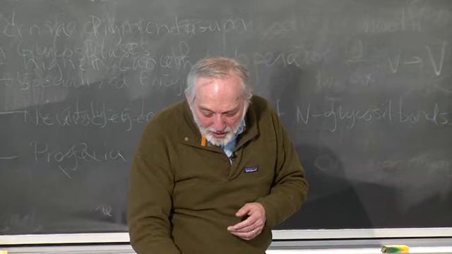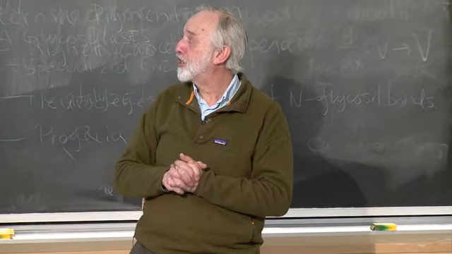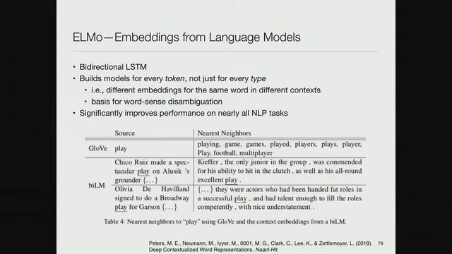Well, along the same lines is this encoding called Elmo. People seem to like Sesame Street characters. So Elmo is based on a bidirectional LSTM, so it's an older technology.